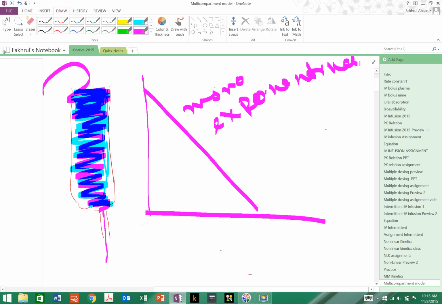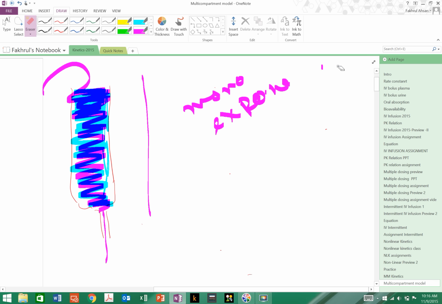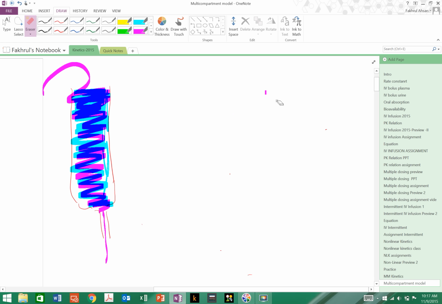So now we have a drug which moves from this compartment to another compartment, and there is no elimination from this compartment. Always elimination is from there.